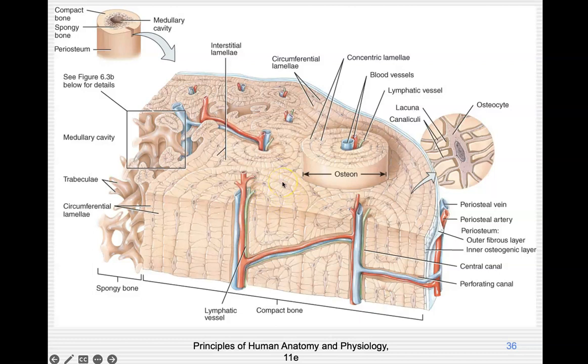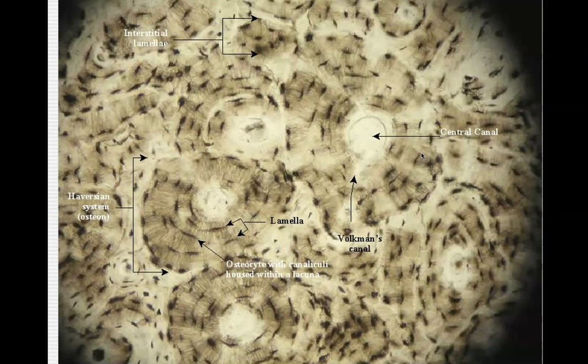So again, that's just a fun word to say, canaliculi, right? So that's what those canaliculi are, these canals, these extensions coming off of those osteocytes that are used for communication and, again, transferring nutrients from osteocyte to osteocyte.